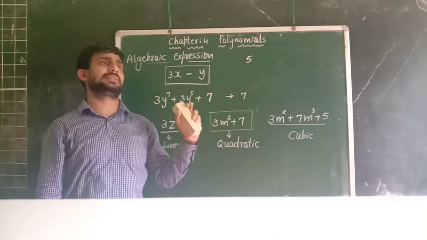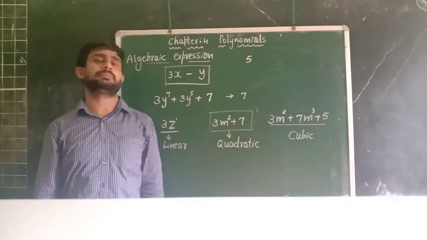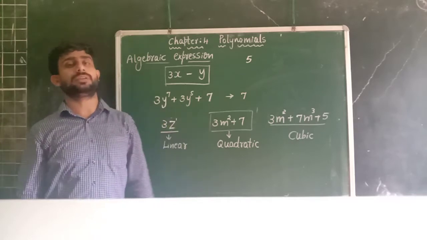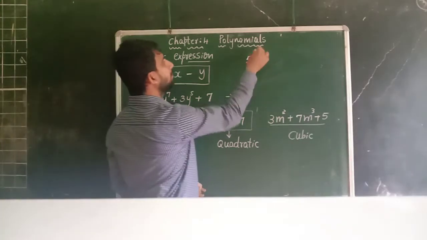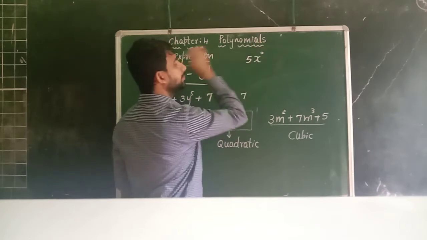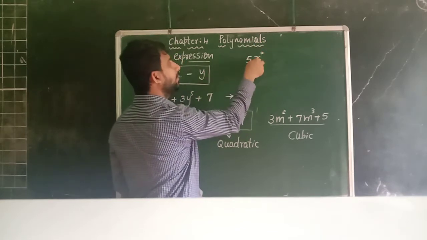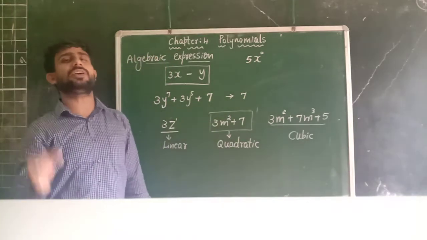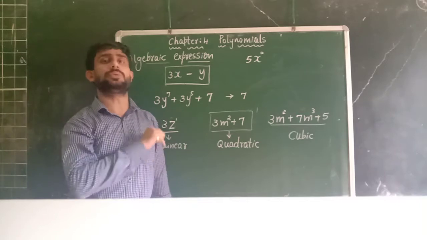They may ask in the exam, this is very important, what is the degree of a constant polynomial? Here you can take any variable, say x. What is the degree of it? 0. Because x to the power 0 is 1, and 1 into 5 is 5. The value has not changed. Therefore the degree of a constant polynomial is 0.